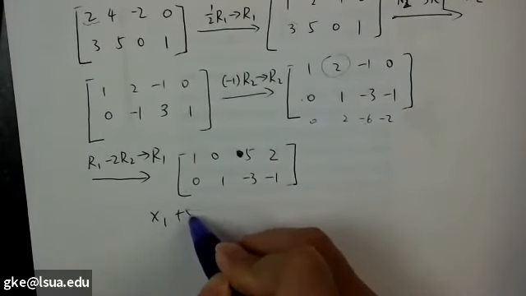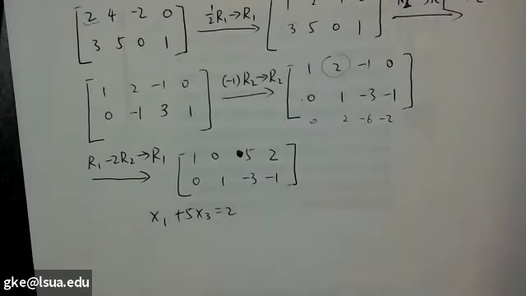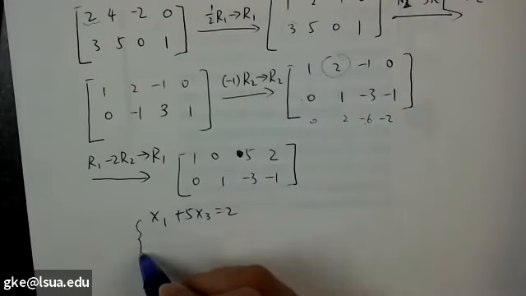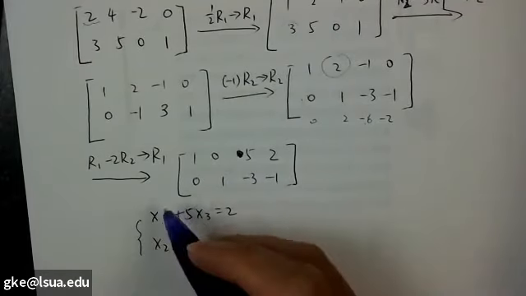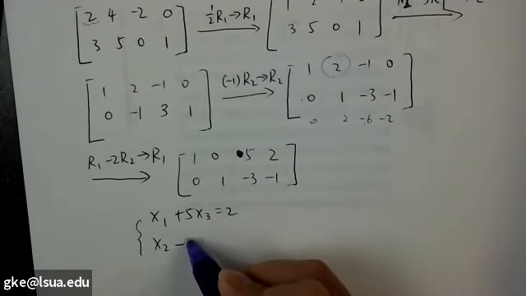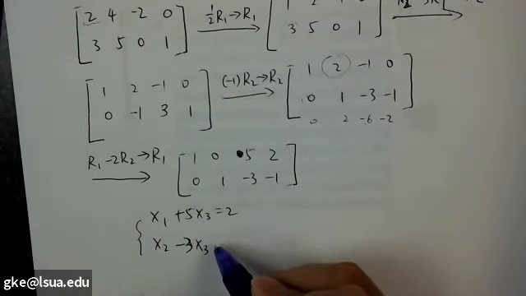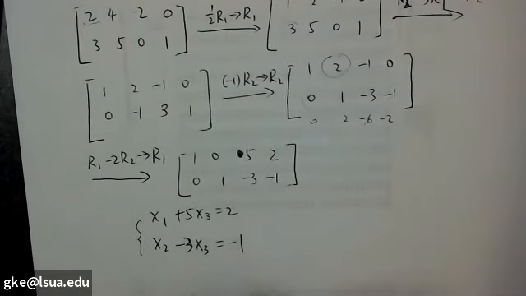x1 plus 5x3 equals 2. And x2 minus 3 times x3 equals negative 1.